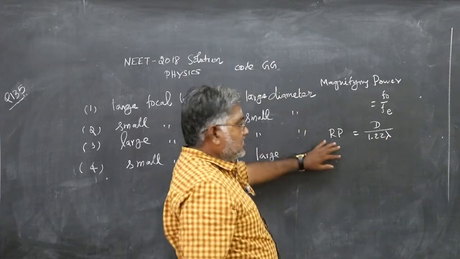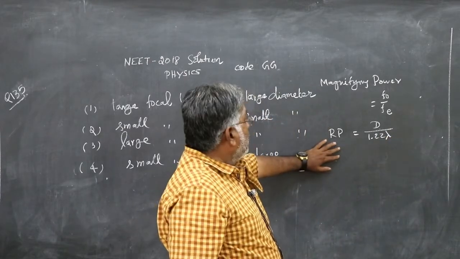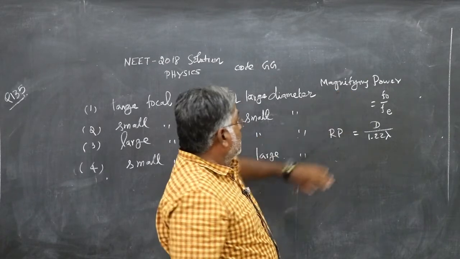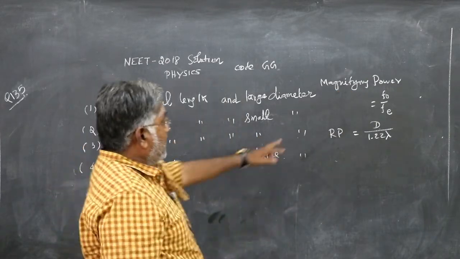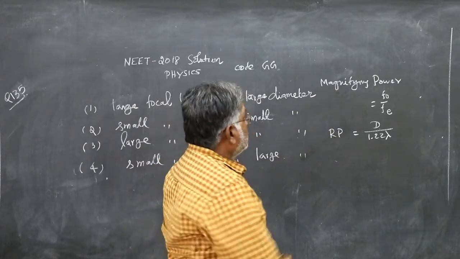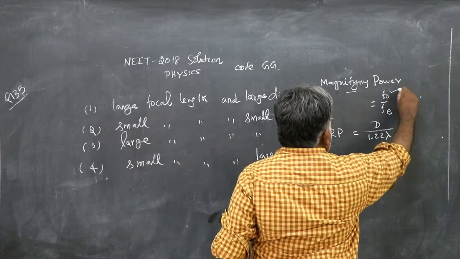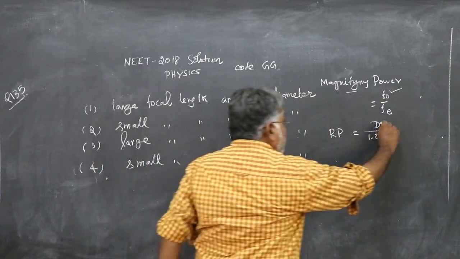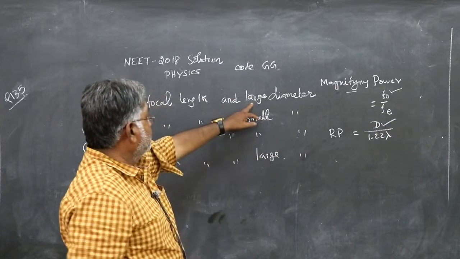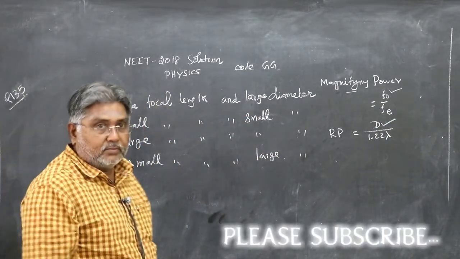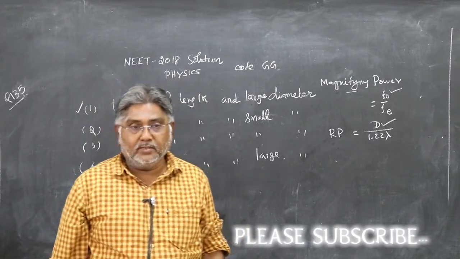This is called angular resolution, and this is called angular magnification. You want both to be higher. So for magnifying power to be higher, the focal length of the objective should be large. Diameter should also be large. So option 1 is the correct combination. Okay, thank you.